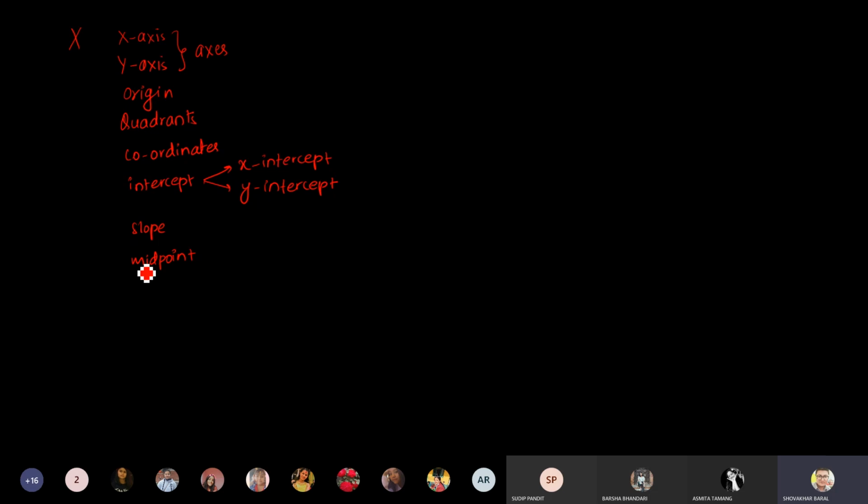You also need to know the section formula, and to distinguish internal division and external division. You have read all these things in class 8 and class 9.